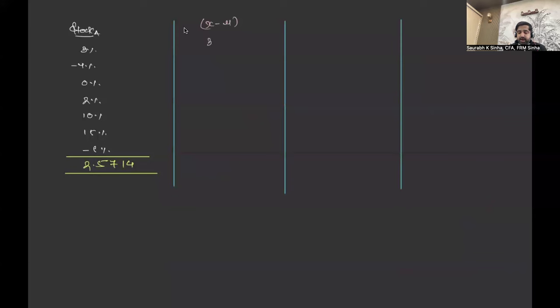So 3 minus 2.5714, 4 minus 2.5714, then 0 minus 2.5714. They are the deviation from the mean. That is the intuition. 2 minus 2.5714, 10 minus 2.5714, 15 minus 2.5714, and minus 8 minus 2.5714. These are the deviation from the mean.